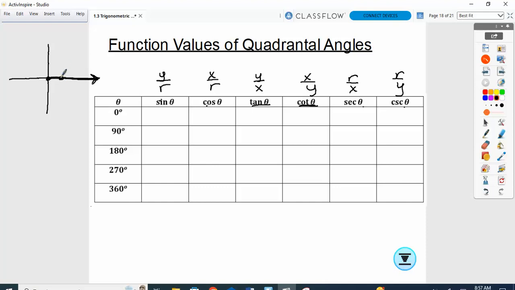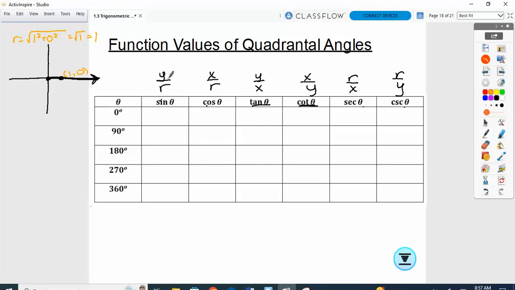If you're on this line, your y would be 0. So this is like the point, let's say 1, 0. That'd be the nicest. Okay, so then r, we know is the square root of x squared plus y squared. So we get the square root of 1, which is 1. So now I have x, y, and r.